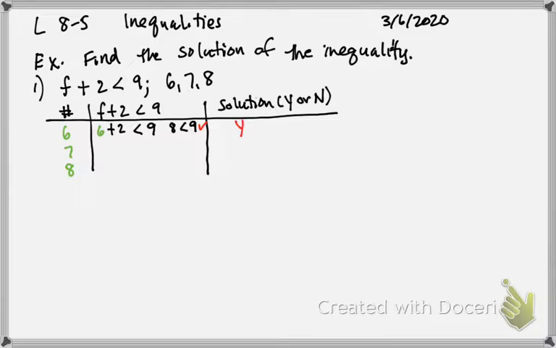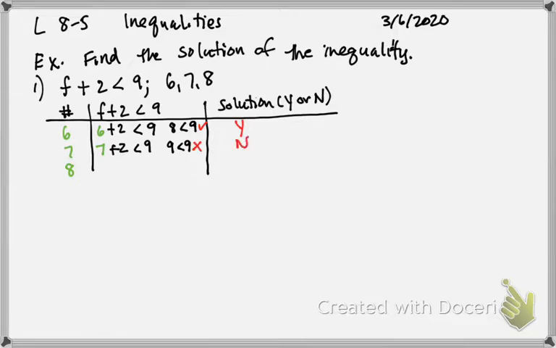All right, let's try another one. 7 plus 2? Is that going to be less than 9? So let's see, I get 9 is less than 9. And the answer is no, it's false.